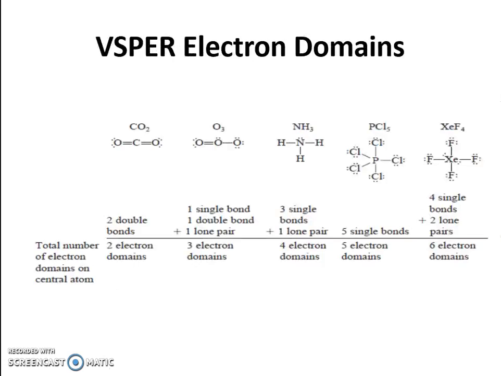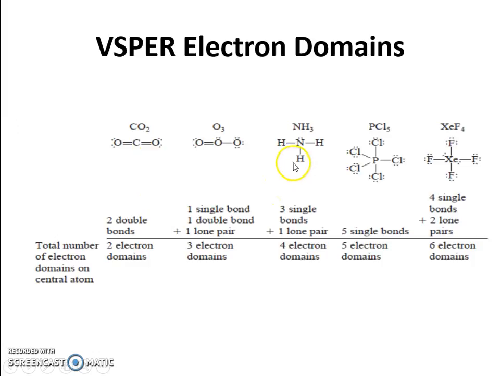How about the electron domain? The electron domain is different. Remember that it's the number of bonds attached to the central atom plus the number of lone pairs of electrons attached to the central atom. Here, for carbon dioxide, we have 2 double bonds around the central carbon. We will have 2 electron domains.